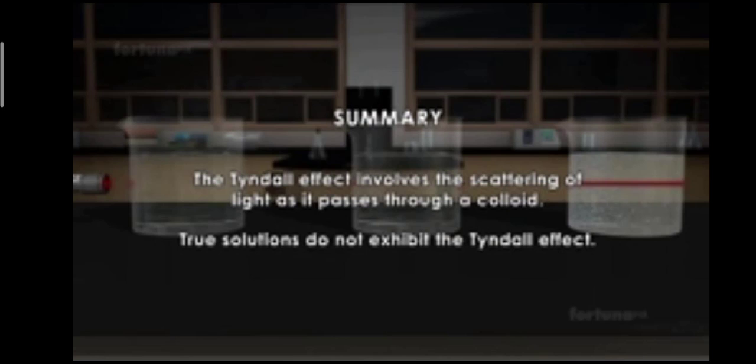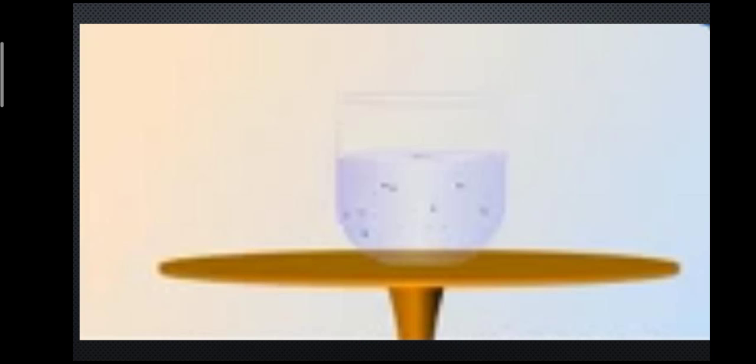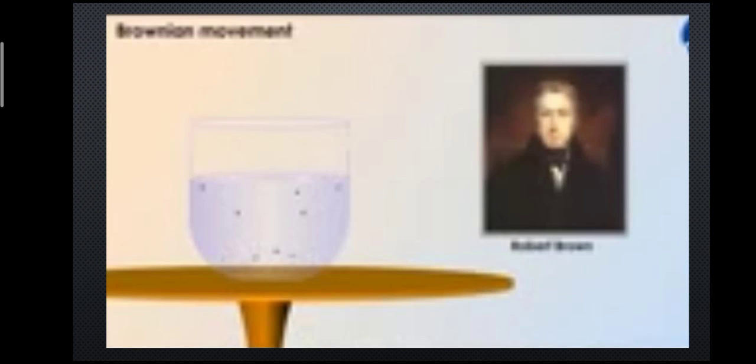Now, let's move on. Brownian movement. The continuous zigzag motion of fine particles suspended in a gas or liquid is called Brownian movement. It was discovered in the year 1827 by the botanist Robert Brown and it's named after him.